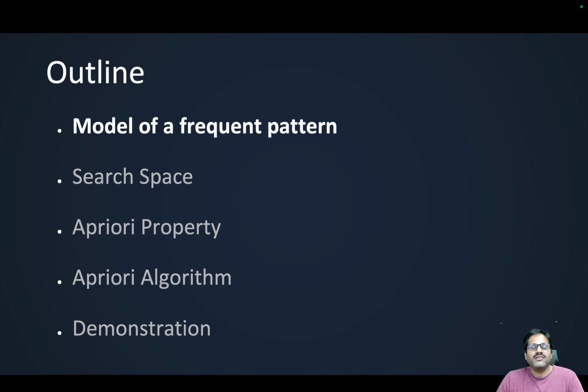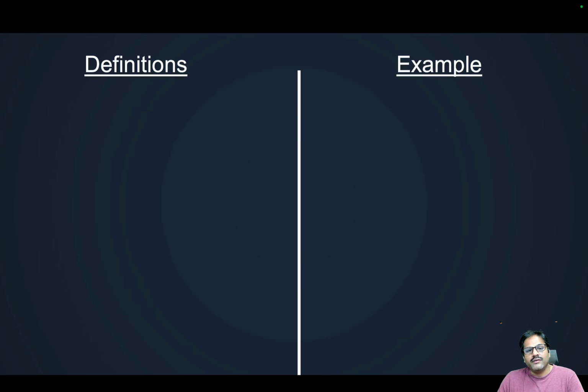So first, let us talk about the model of a frequent pattern. The area is split into two parts. On the left side, we provide the definitions of a frequent pattern, and on the right side, we provide an example.